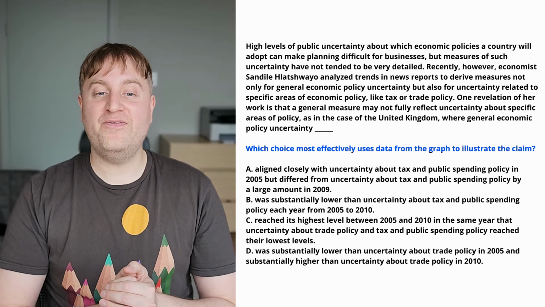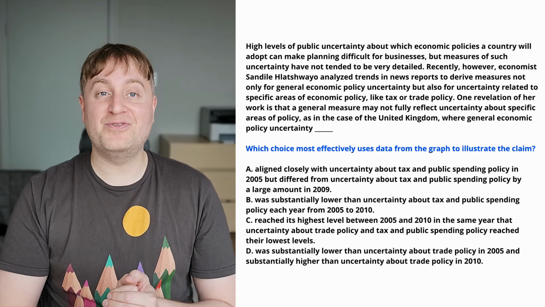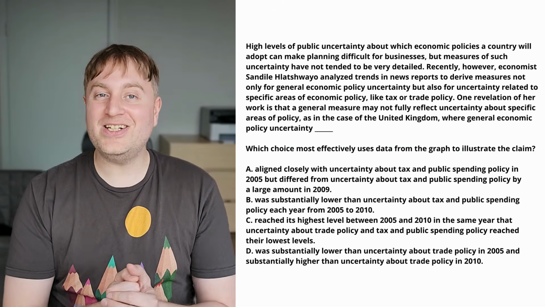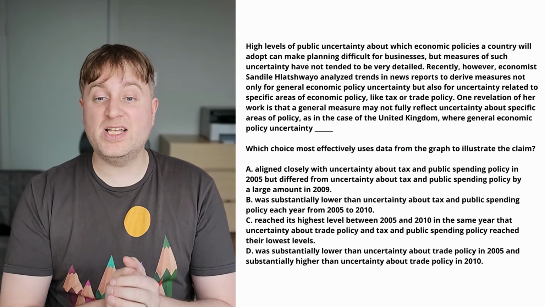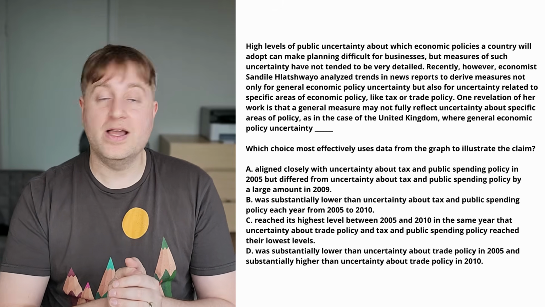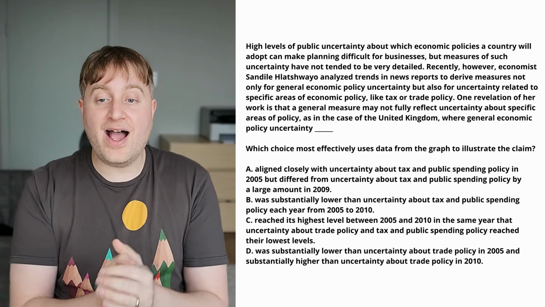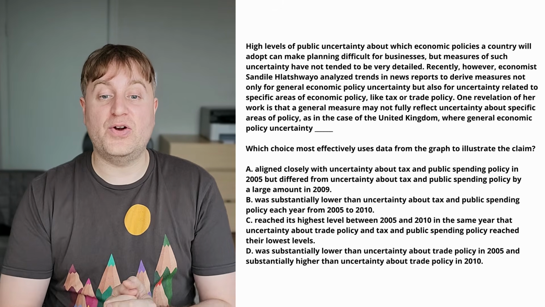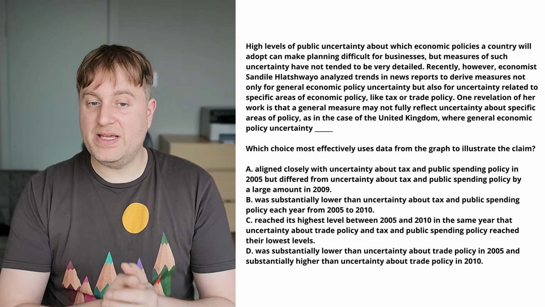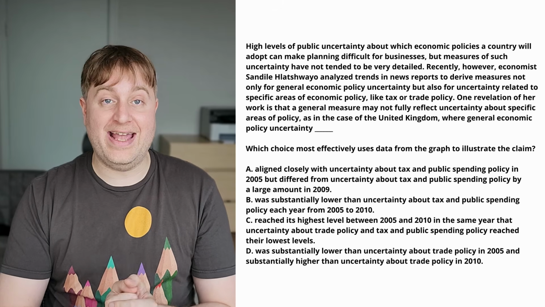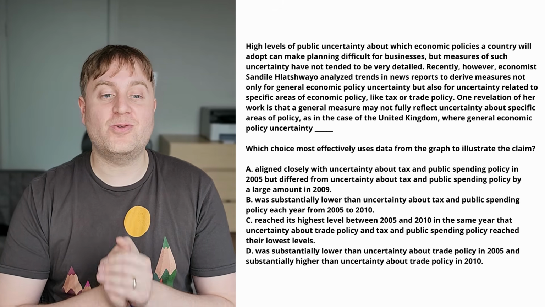Which choice most effectively uses data from the graph to illustrate the claim? So the question implies that our correct answer must be true according to the graphic. But again, resist the urge to jump to the graphic now because it's not going to help you, at least at first. And the reason for this is because several or even all of the answers could be true according to the graph.